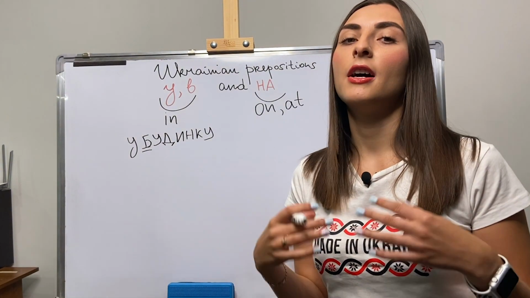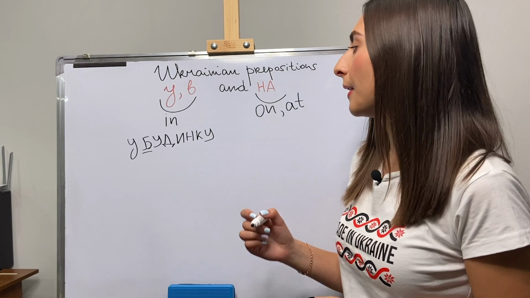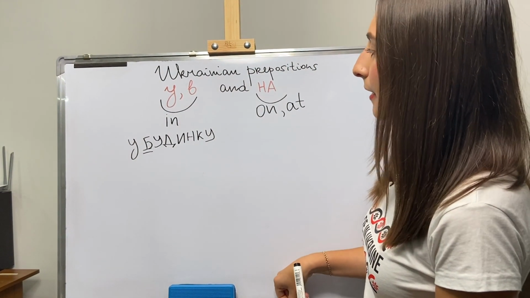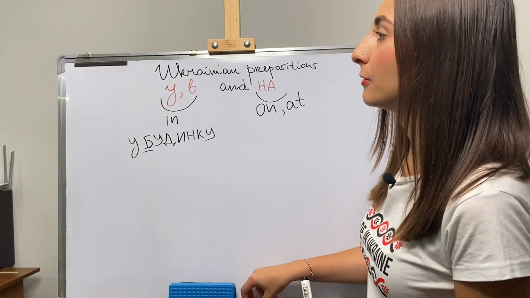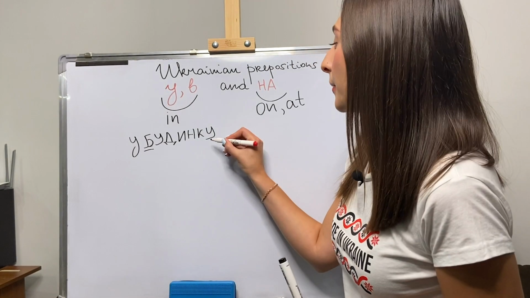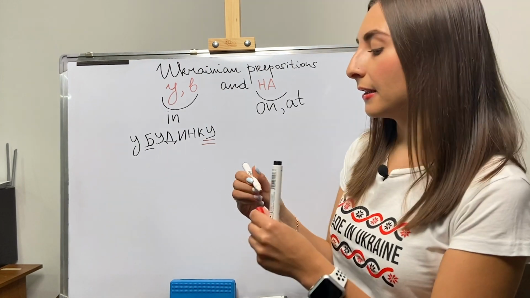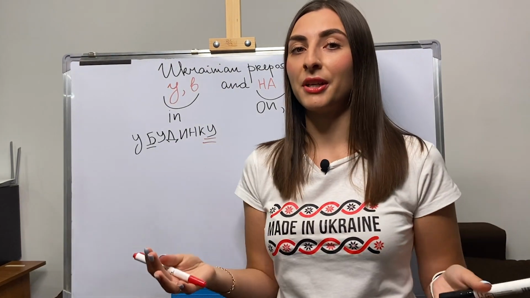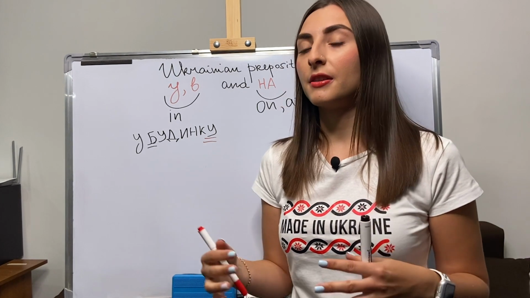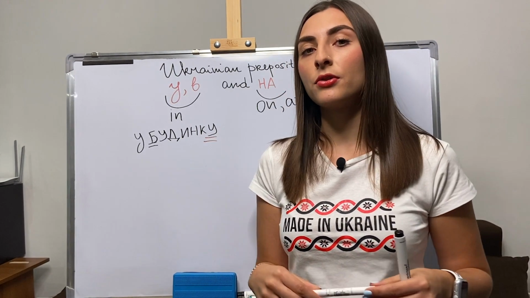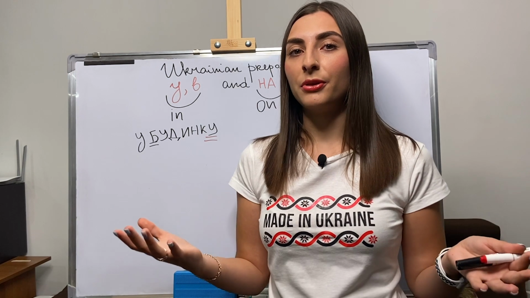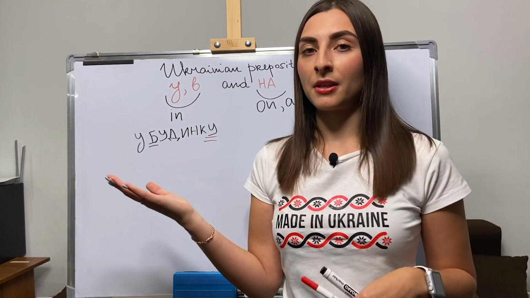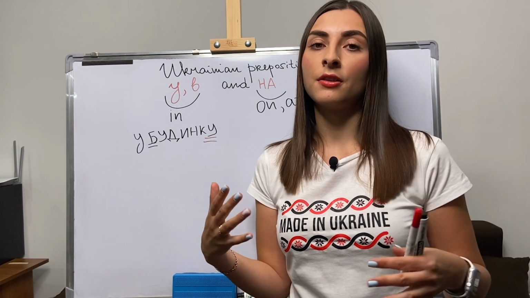So you can see we have a literal translation here. What is important is that the word house is будинок, but here we have будинку. Again, this is the locative case, and right now I'm not going to explain what the locative case is because it's a very huge topic in the Ukrainian language. I wrote a textbook about the Ukrainian cases, and in it I pay a lot of attention to this case.